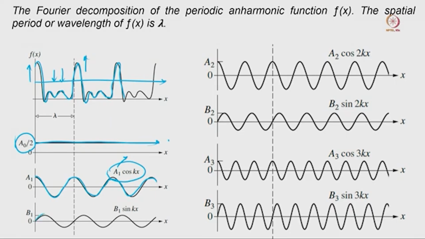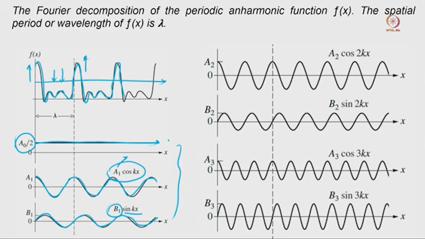This sine wave will start from here and go all the way. Now we can consider B1 as the amplitude and then sin kx. So, in this particular case I am adding three waves together: A0 by 2, then A1 cos kx, then B1 sin kx.